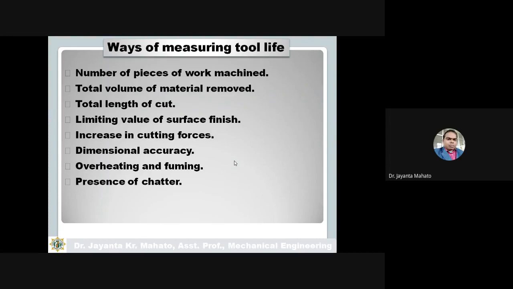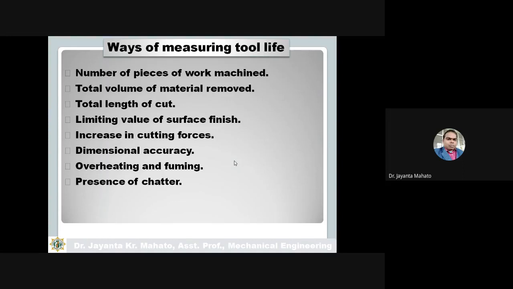Okay, so just think, if the sharpness of the edge of a knife is getting lost, then obviously we have to give more force to cut the same piece. Okay, and if the edge of the knife is more sharpened, then by applying a small force you can cut it. Isn't it?